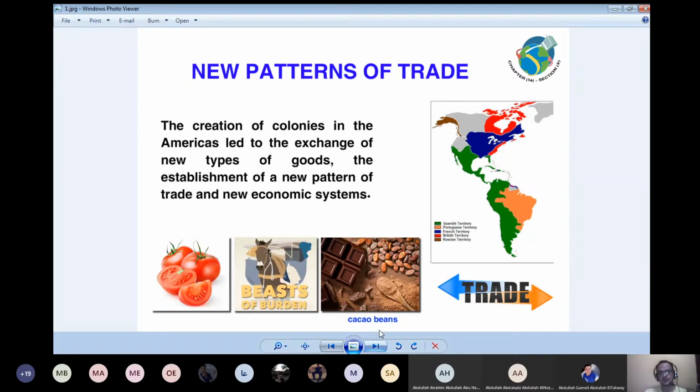Also, the cocoa beans, the main ingredient of chocolate. It came from the newly discovered land, from the Americas to Europe.